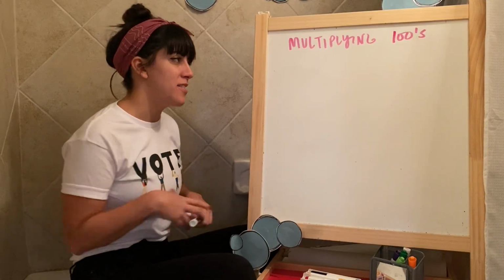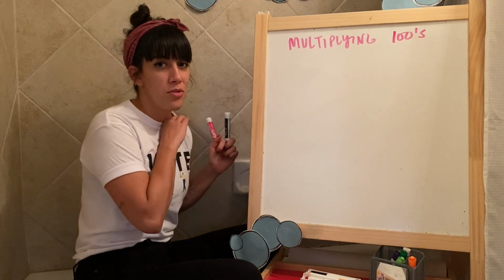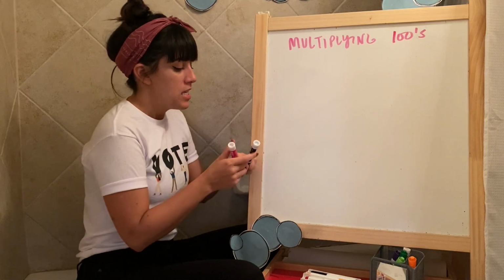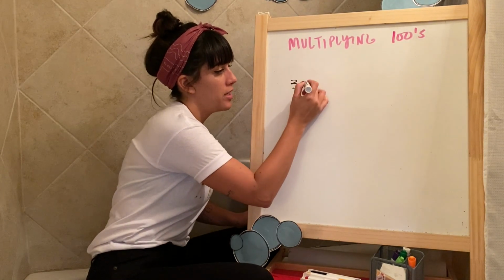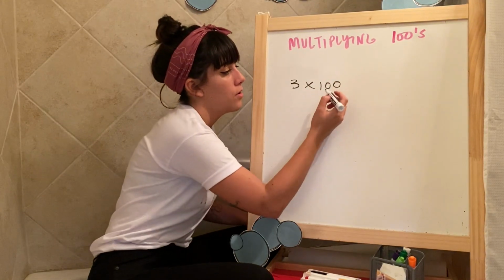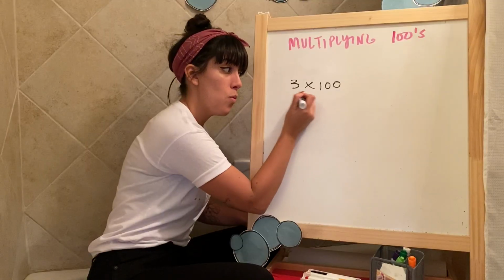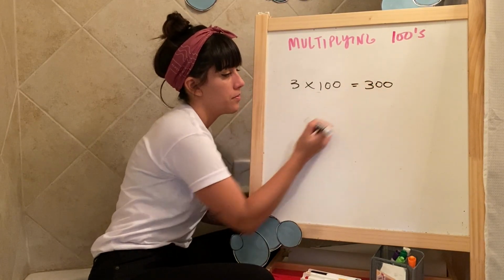Okay, multiplying hundreds, just as easy as multiplying tens. If you're straight up just multiplying by 100, so using the same examples as before, if I did 3 times 100, that just means I have 3 groups of 100. So I would still multiply 3 times 1, add the 2 zeros. That would be 300, okay?